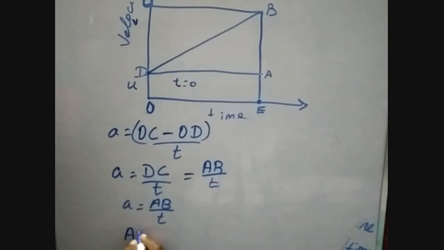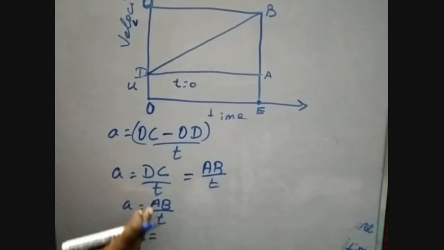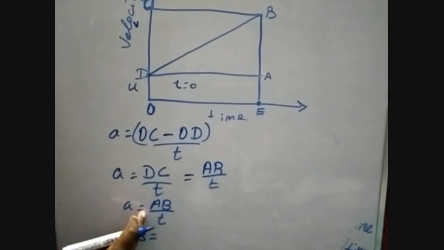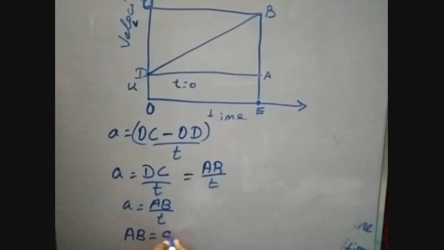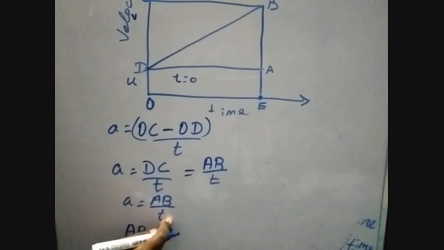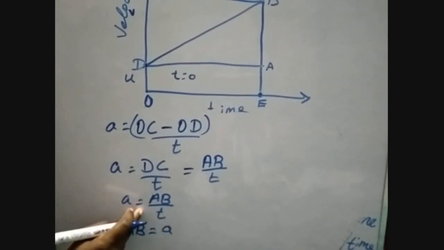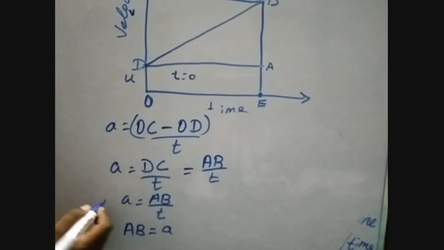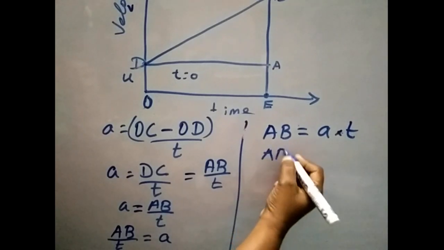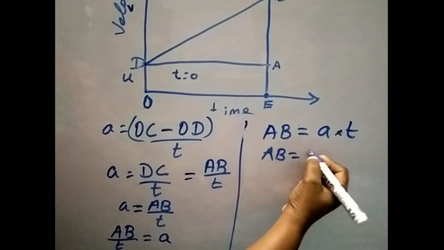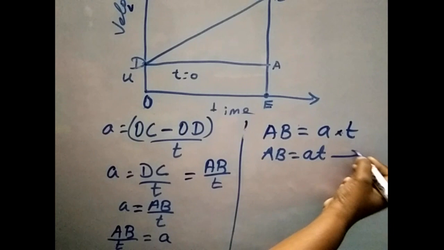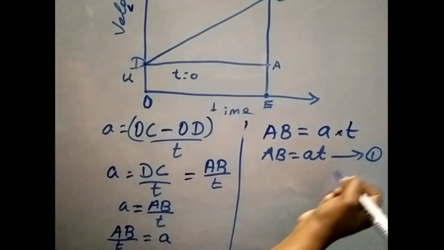So, AB is equal to a times T. When T moves to the other side of the equal sign, this division becomes multiplication. So, the value of AB is equal to aT. Say this is equation number 1.